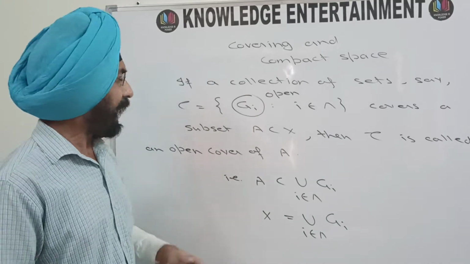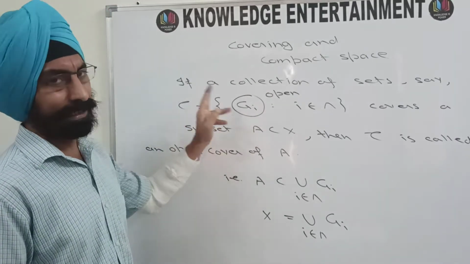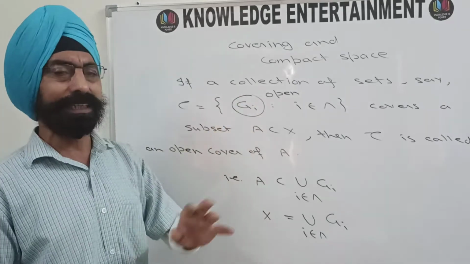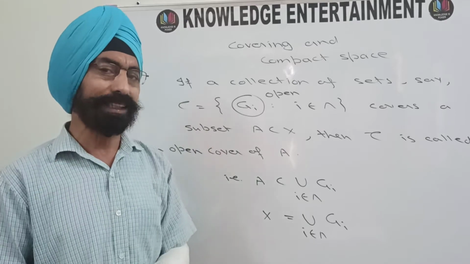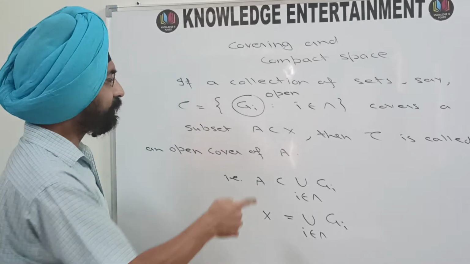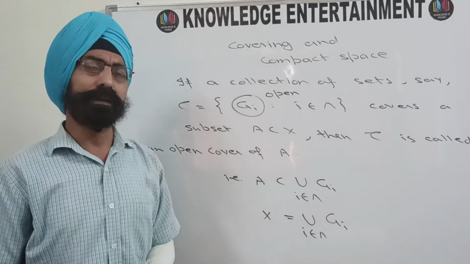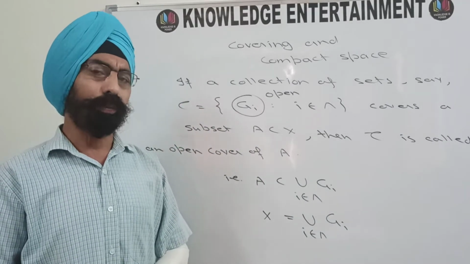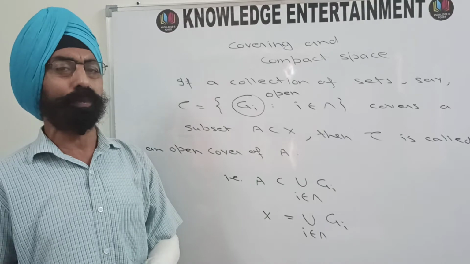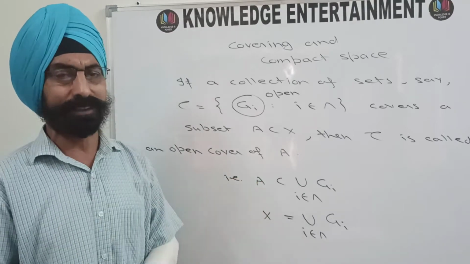Moreover, if every member of C, that means every Gi, is a basic open set, then C is called a basic open cover of A or a basic open cover of X, whatever the case is.